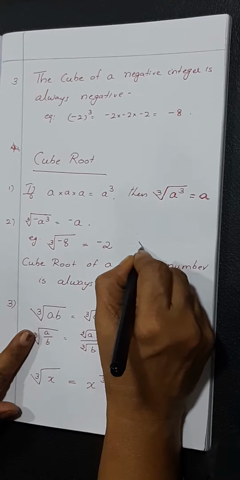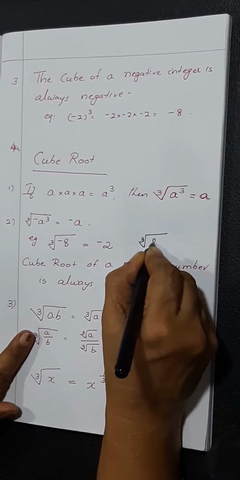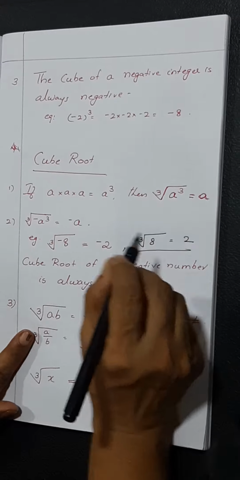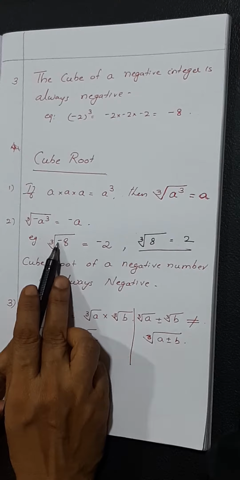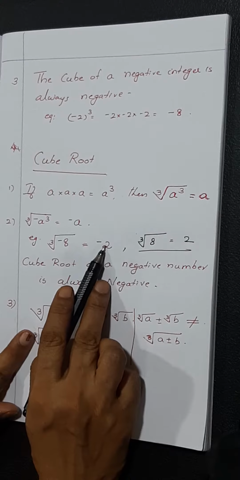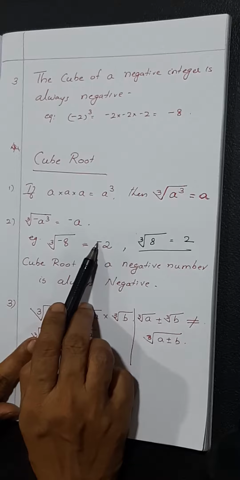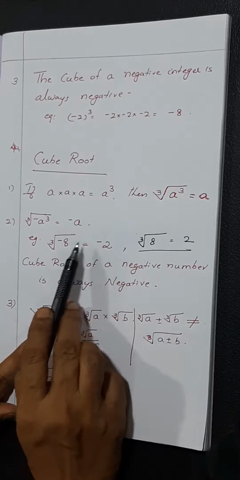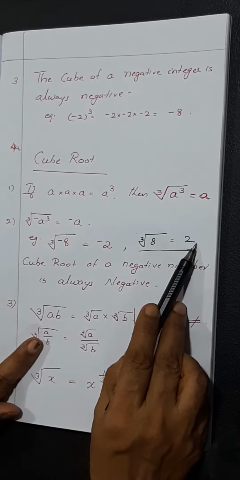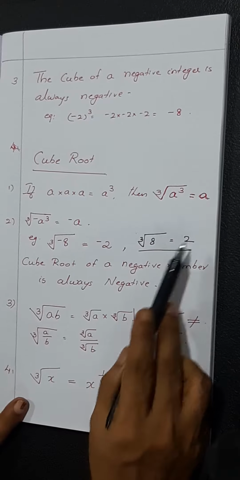Suppose it is the cube root of 8, you get 2. The cube root of a negative number is always negative, because minus 2 into minus 2 into minus 2 gives minus 8. And if it is a positive number, it is always positive.